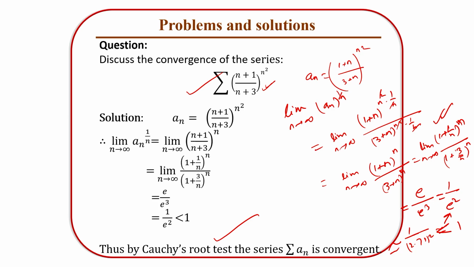As you can see, when the problems are very complex, containing powers, roots, and indices, for such problems where you need to investigate the convergence of the series, always try to use the Cauchy root test.